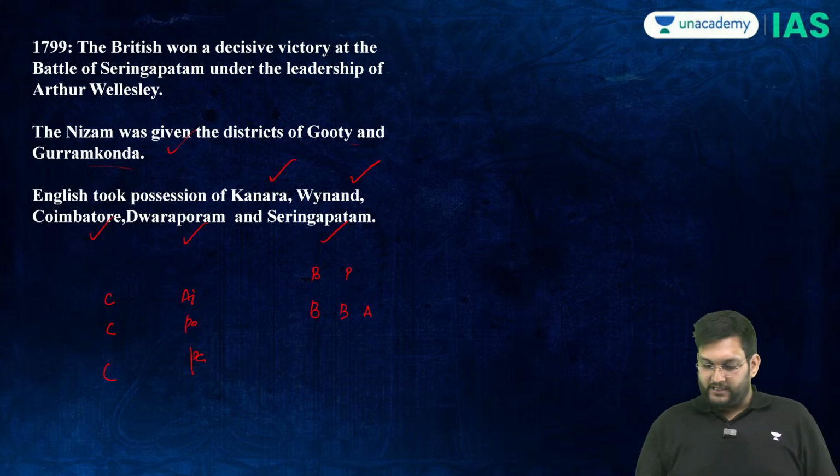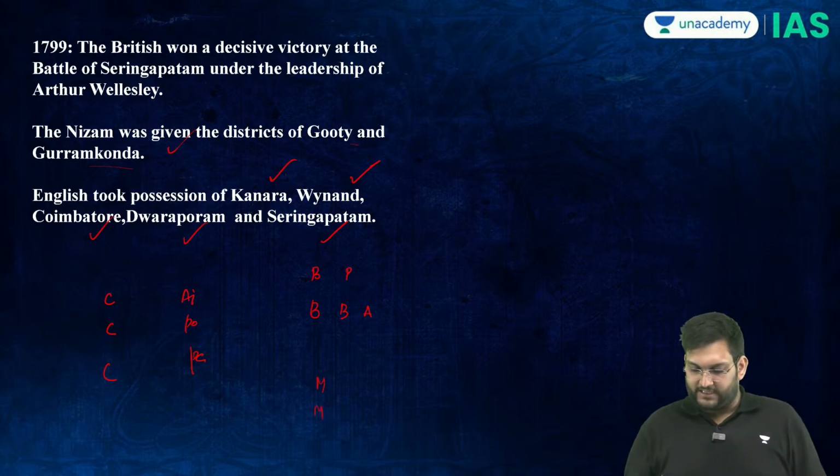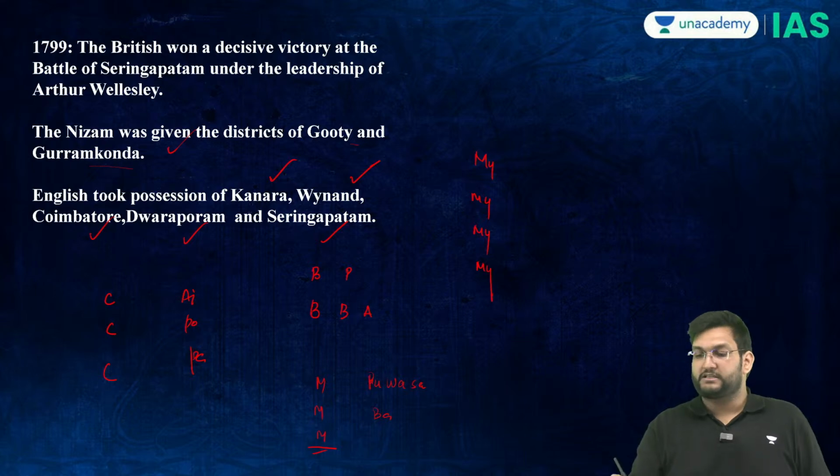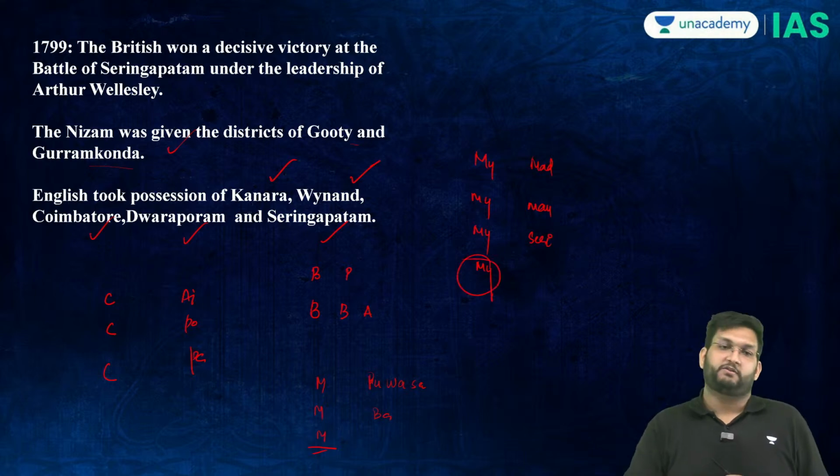And thereafter, we have been able to understand Maratha, 3 Maratha wars. Pu, Va, Sa, Ba, then Maratha territory taken. And we've also been able to understand Mysore, which is the mad man Seri and the annexation of Mysore.